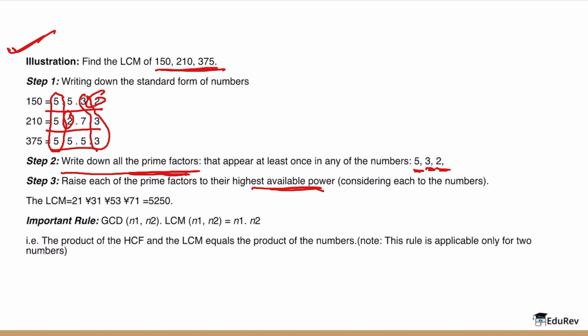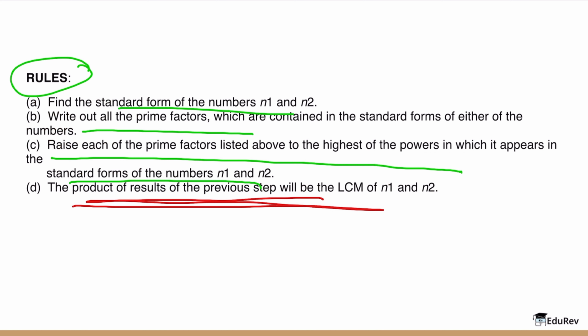Now, if I go to my previous slide here, what they were saying was write out all the prime factors which are contained in the standard forms of either of the numbers. So I need to take from either of those numbers, writing down all the prime factors that appear at least once in any of the numbers.